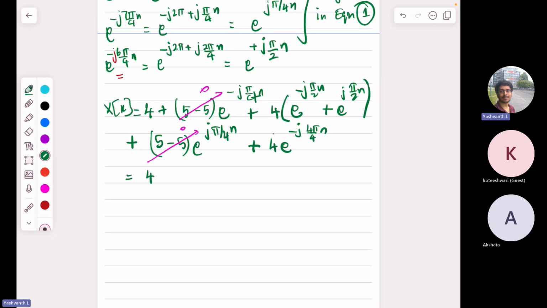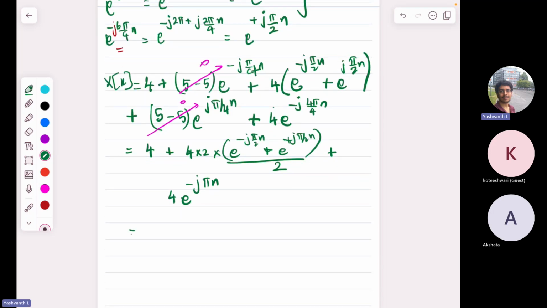So this 4 plus 4 into 2 into e power minus j pi by 2n plus e power plus j pi by 2n whole by 2, plus 4 into e power minus j pi by n. That's all. Nothing more than that.